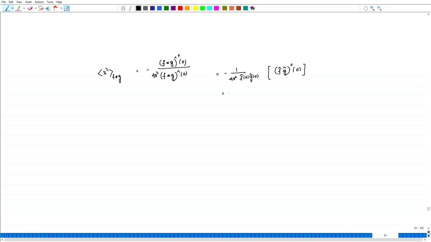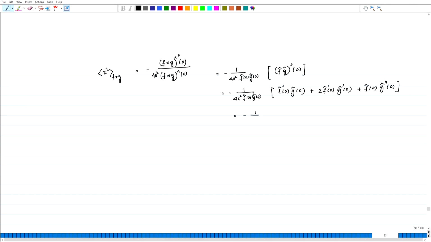Now, if we take the simple derivative with the product rule, what we are going to get is f hat double prime at 0 g hat at 0 plus 2 times f hat prime at 0 g hat prime at 0 plus f hat of 0 g hat double prime at 0.